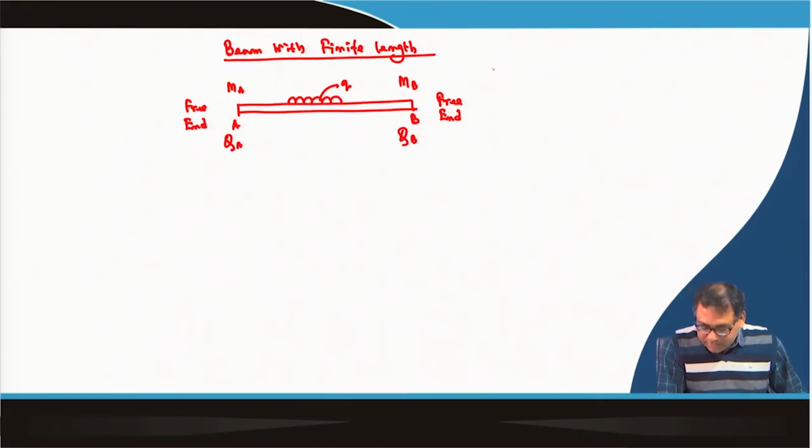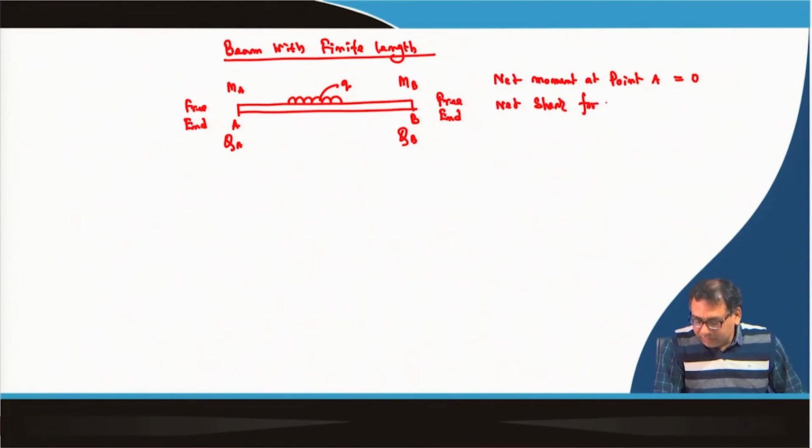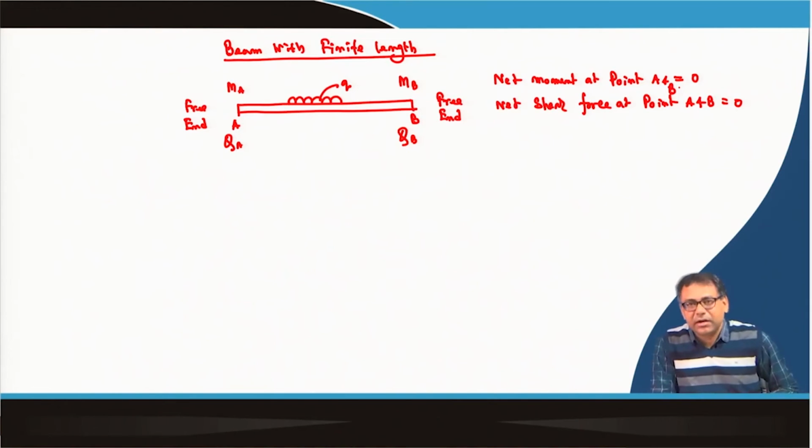So, that means we can write that the net moment at point A will be equal to 0, and the net shear force at points A and B is equal to 0. Here also at A and B, because both the boundaries are free end conditions.